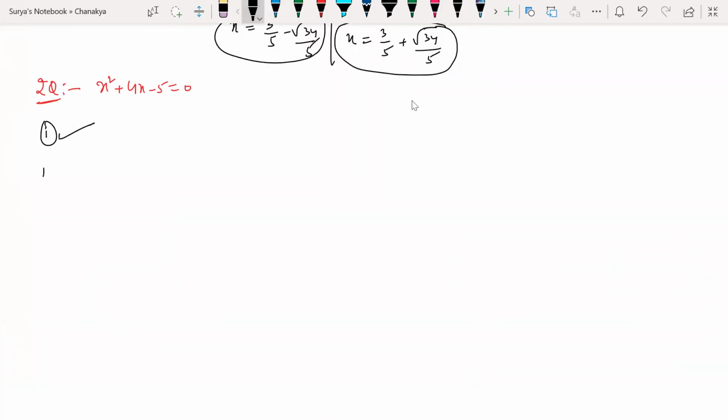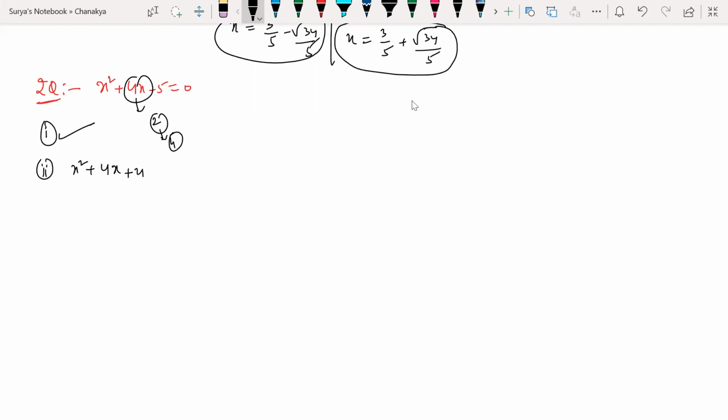Look at it here. So first step done. What is the next step? I need to add and subtract the square of half of the coefficient of x. What is half here? 2. What is the square of 2? 4. I need to add and subtract 4 here.